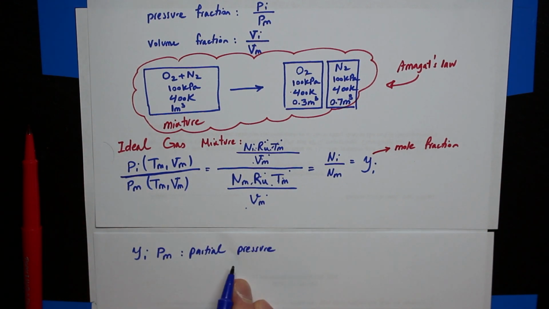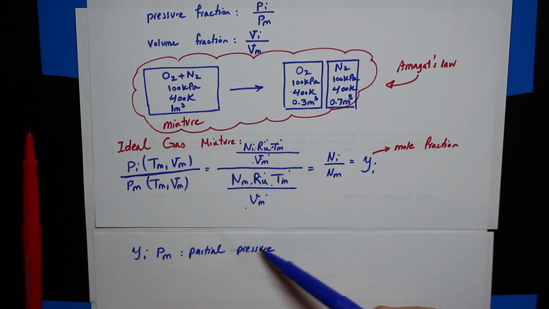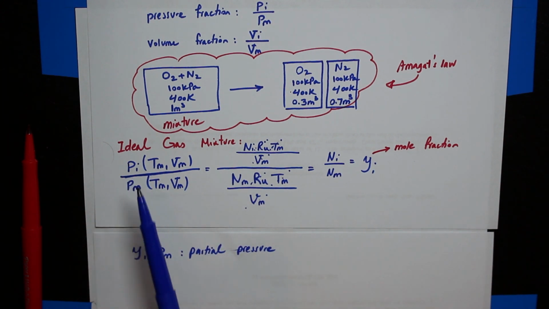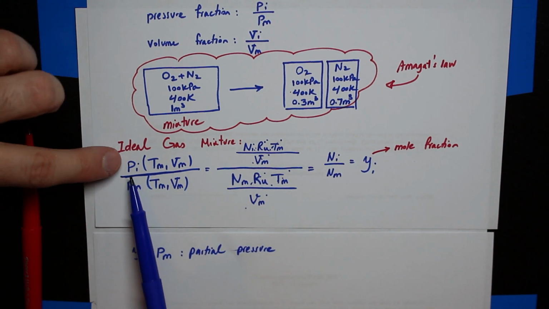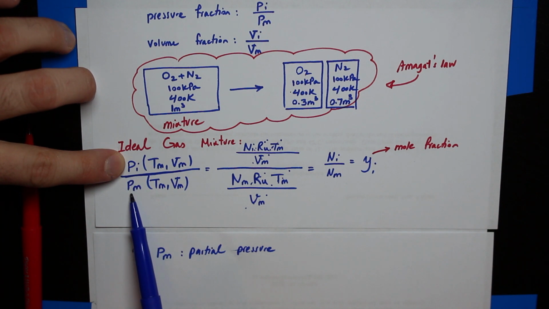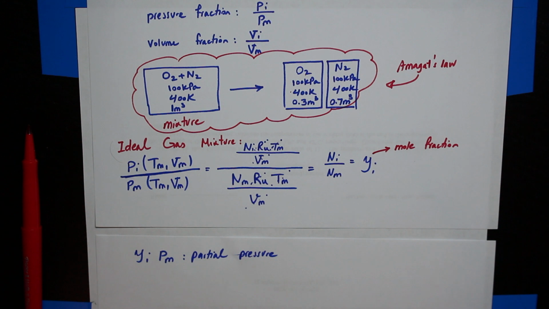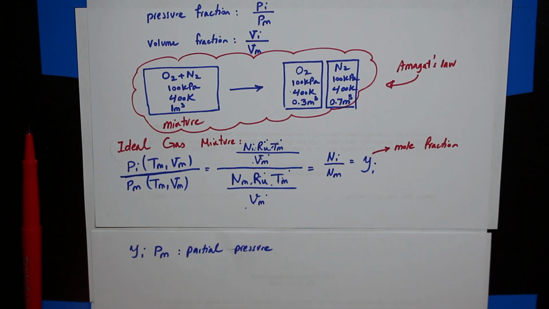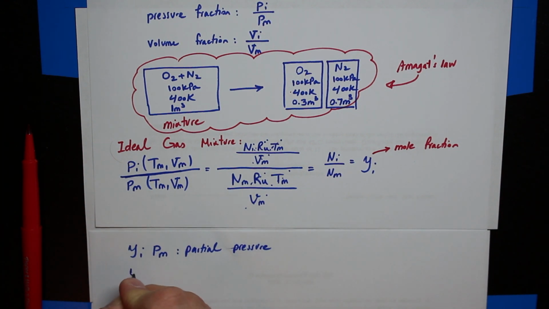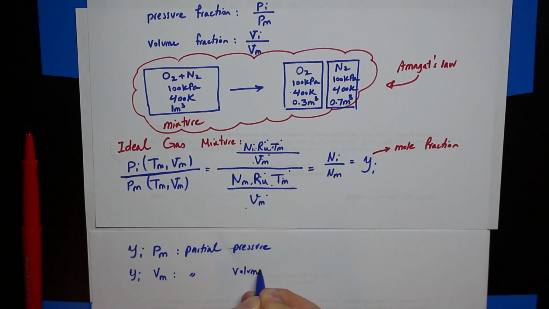So the partial pressure is yi multiplied by Pm. This partial pressure is the Pi that we have in the previous slide. If you see, Pi is equal to Pm multiplied by yi. I can also have partial volume, and that will be yi multiplied by the volume of the mixture. So that will be partial volume.